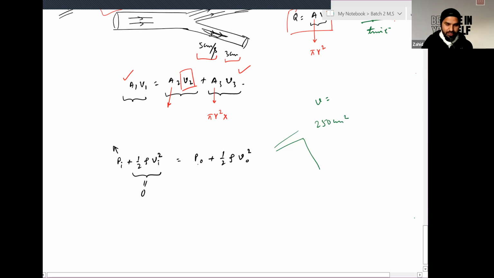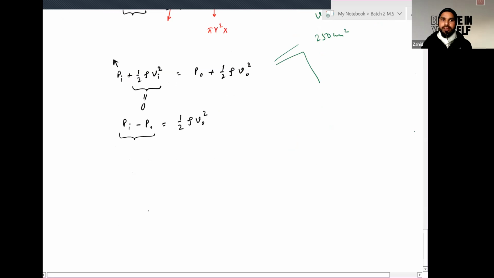Now move this P naught to the left side, so you'll get P inside minus P naught equals half rho V naught squared. Now this much amount of pressure difference will be capable of uplifting that roof. So this pressure must equal force acting per unit area of cross section.